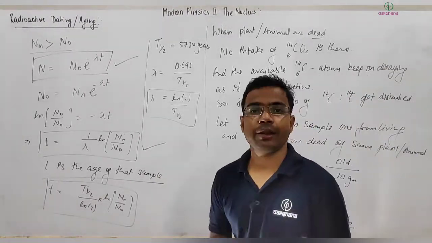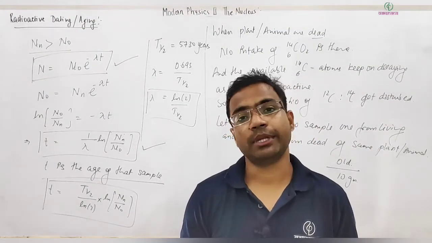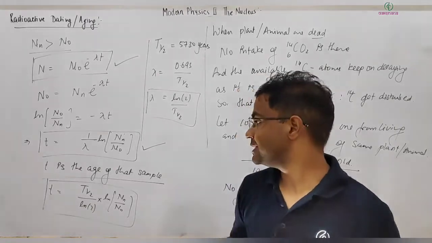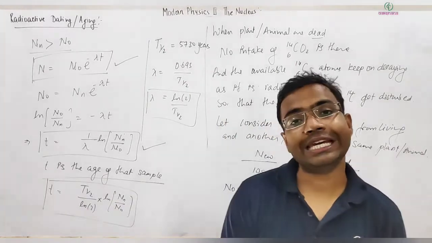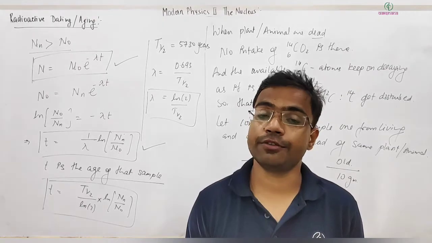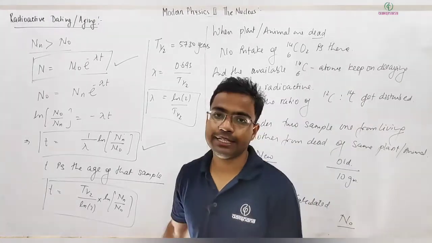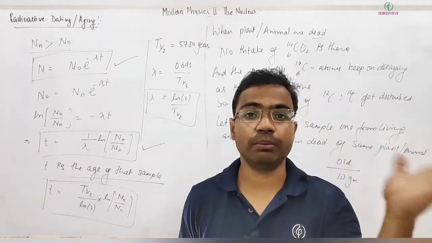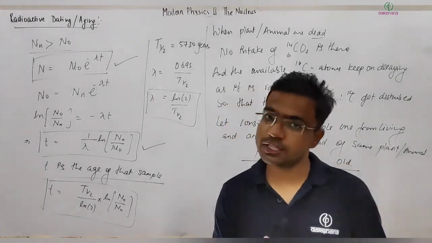We can use carbon dating when the age is some thousands of years, 5,000, 10,000, 20,000, 50,000, something like that. Then it is always better and advisable to use the carbon dating process. When the age is, let's say, in lakhs of years, in that situation, if I compare the half-life with lakhs, millions and billions of years, the half-life is small.